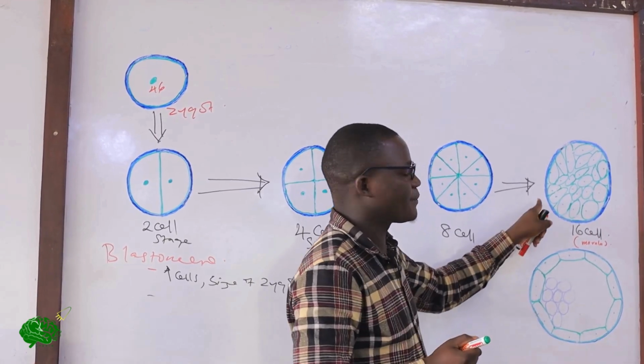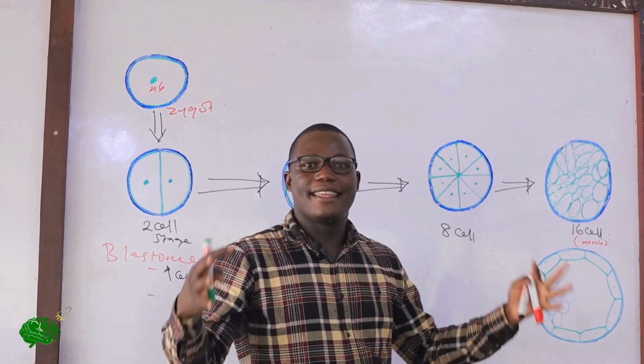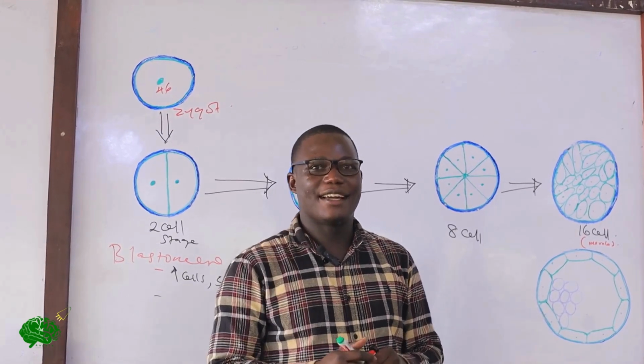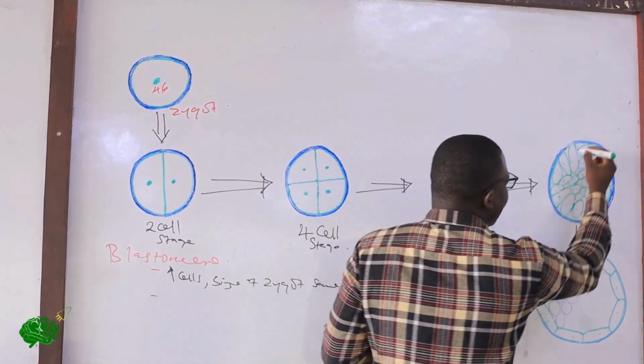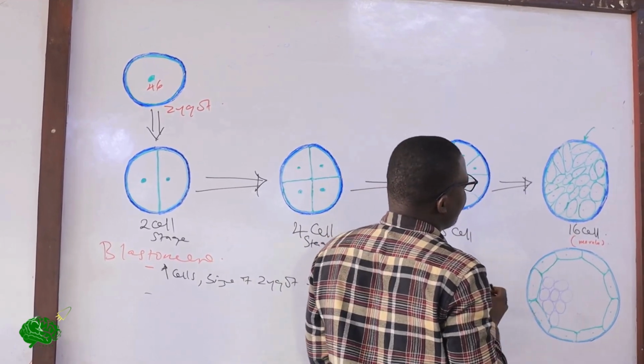This morula is in the uterus, and in the uterus there is what we call the uterine fluid, or uterine milk. The uterine milk begins to diffuse inside the morula.